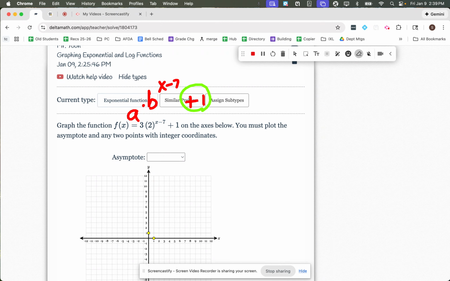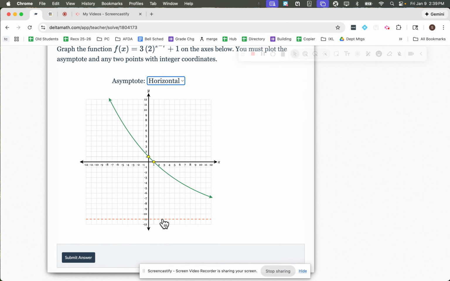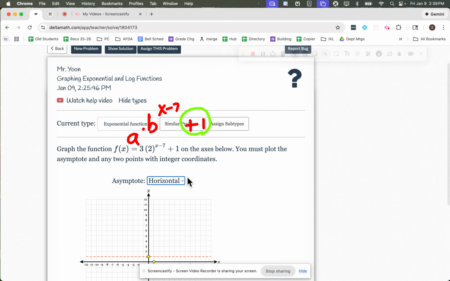And so when you do this in Delta Math, for every exponential function, you're just going to say it's horizontal. And since the d is plus 1, you're going to raise this up to the plus 1. That's going to be your first step.